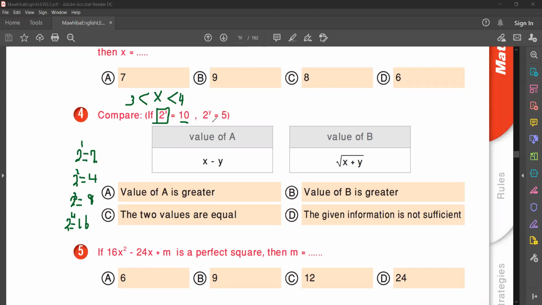Well, what about y? Also the same, because 2 to the power 1 is 2, 2 to the power 2 is 4, 2 to the power 3 is 8. So y lies between what? Between 2 and 3, right?